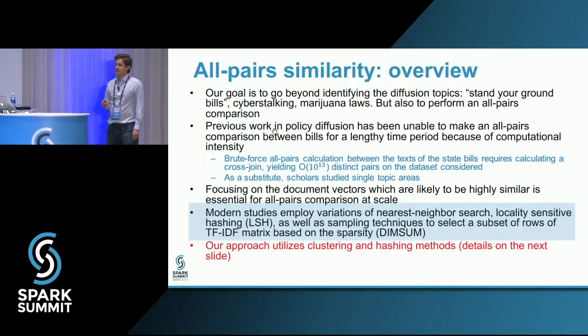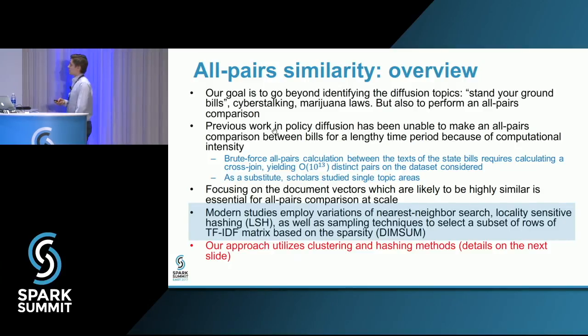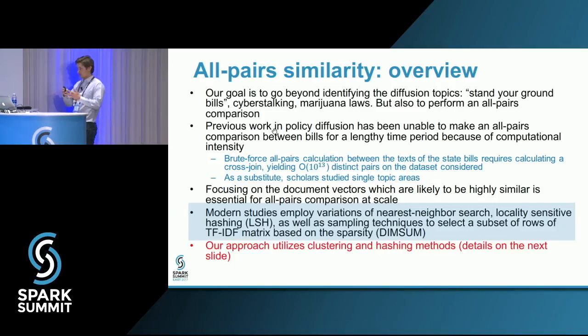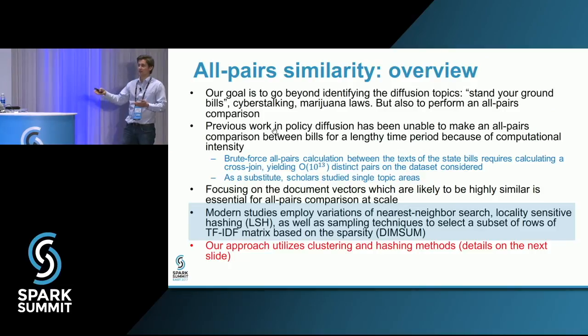So the next 2 or 3 slides are about all pairs comparison. Our goal in this study is not only to identify the diffusion topics corresponding to a certain type of law, but also to perform an all pairs comparison within each topic, and then use that information to put it in the data frame and subsequently to the GraphFrames so that we can actually do graph analytics, page ranks and Dijkstra minimum cost paths.